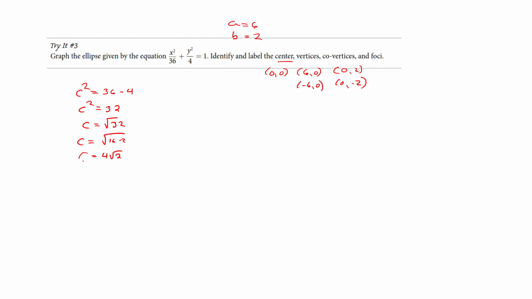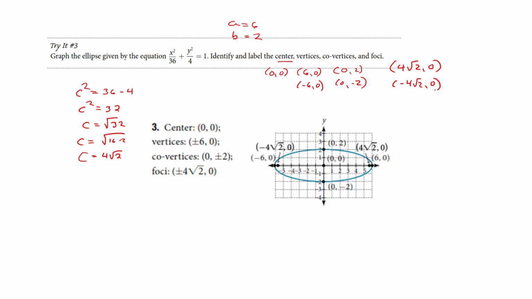So c is going to be 4 square root of 2. We're starting at the center, and the major axis is horizontal, so my foci are going to go right and left. Now, all I have to do is plot all my points, connect it, and I've got it.